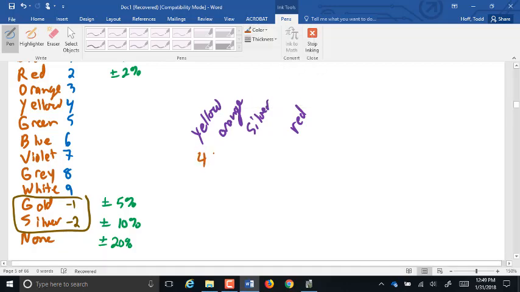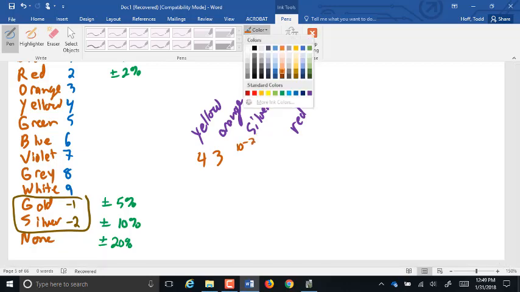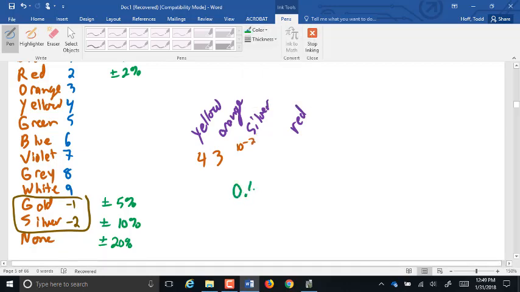Yellow is 4, orange is 3. Silver being a -2 would be times 10 to the -2. So that is saying 0.43 ohms, plus or minus the red is 2%. We're probably not going to run into too many examples like that, just so you know.